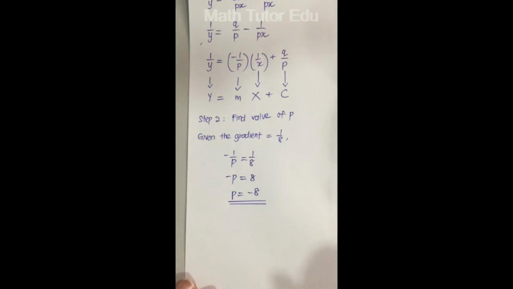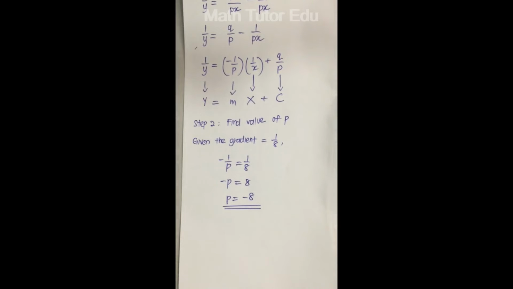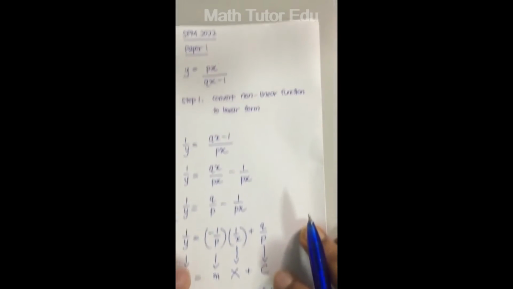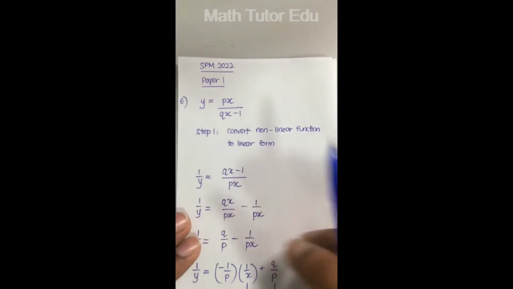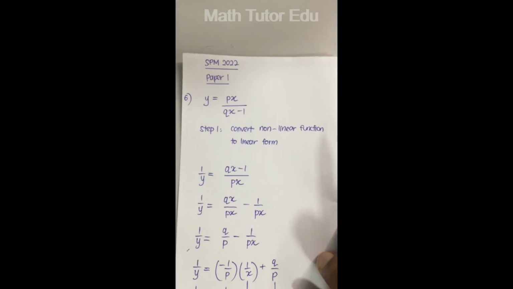How are you going to find the value of q? In the question they also gave us the coordinate (1/2, -6), and we already have p equals negative 8. So using these values, we're going to substitute into the original equation, and from there we are able to find the value of q, guys.